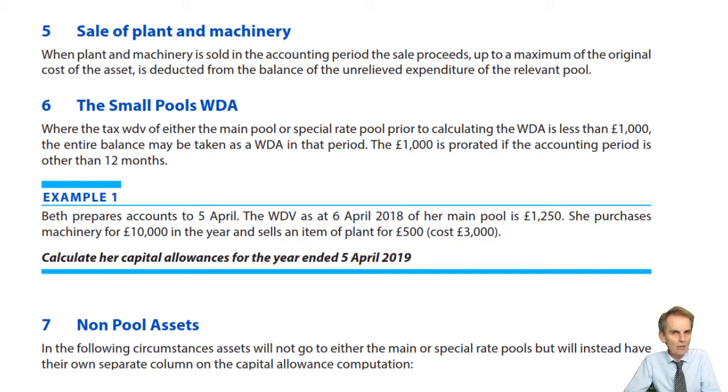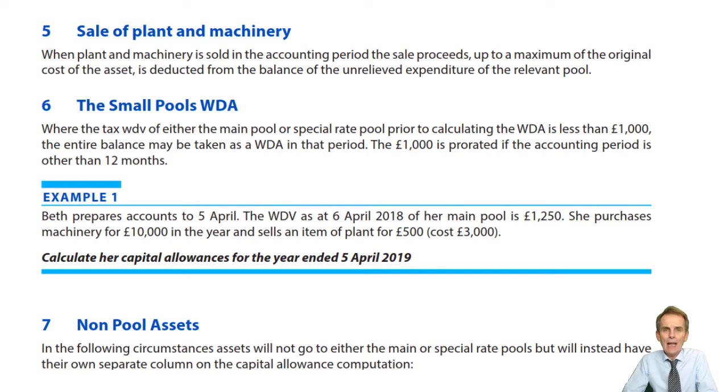Because we've got a mix of the two, and we've got more than £200,000 in total spent, then the available £200,000, again given a 12-month period, is going to be allocated where? It's going to be allocated to the special rate pool expenditure.